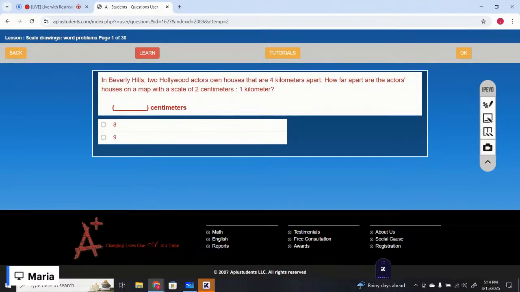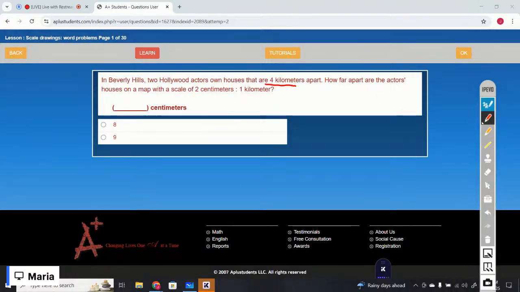In Beverly Hills, two Hollywood actors own houses. They are 4 kilometers apart, right? How far apart are the actors' houses on the map with a scale of 2 centimeter to 1 kilometer? So the scale is 2 centimeter to 1 kilometer.